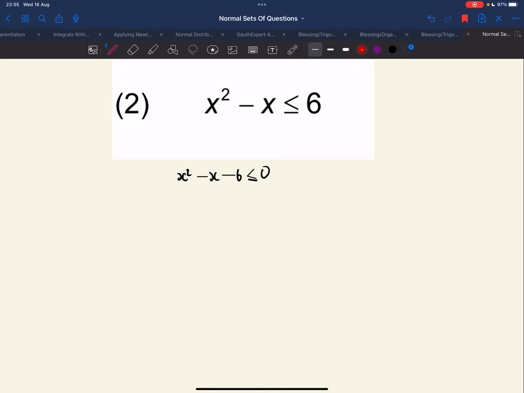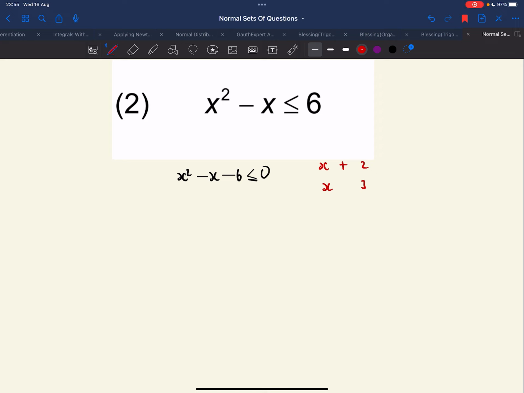All right, and then if we try to factorize x squared minus x minus 6, the factors of x squared are just x and x, and then the factors of 6 that can make sense in this case can only be 2 and 3. Seeing that there's a negative there and a negative there, one of our brackets has to have a negative and the other one a positive. The one that must have a positive is the one for 2.